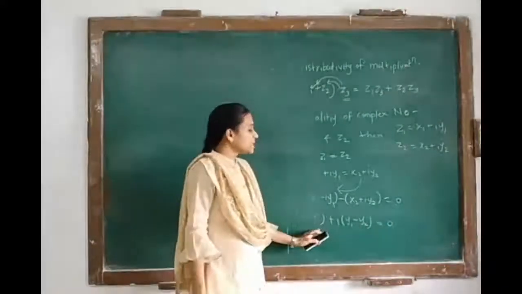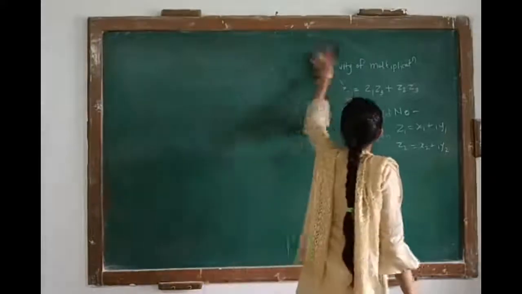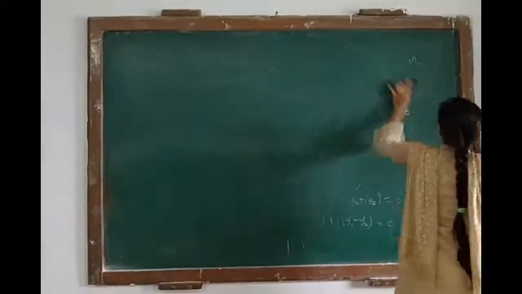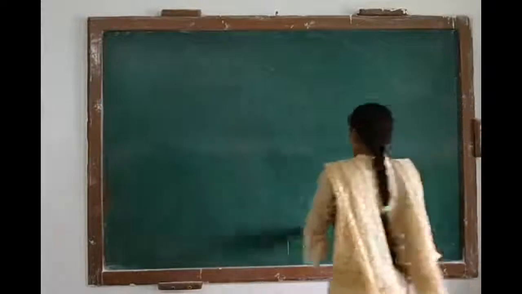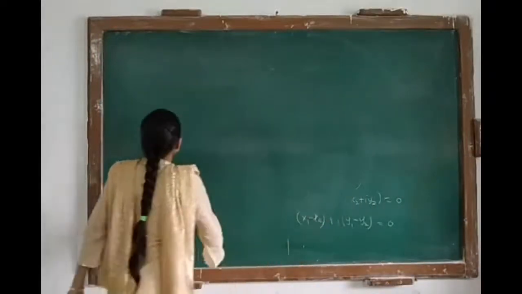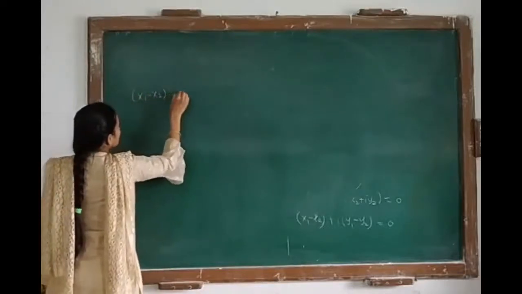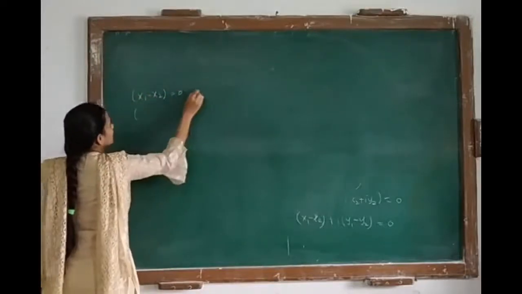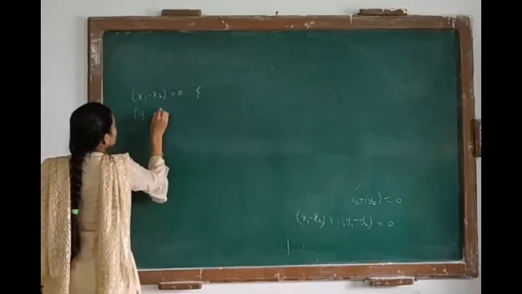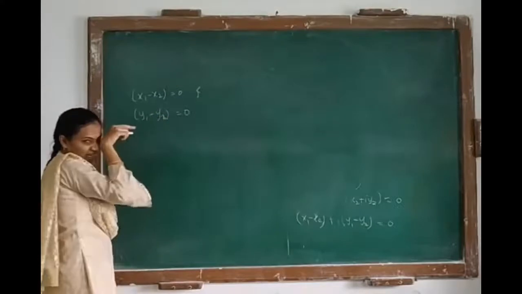Then only this equation is satisfied. What this implies is that our first bracket x1 minus x2 will be equal to 0 separately, and y1 minus y2 will be equal to 0 simultaneously.